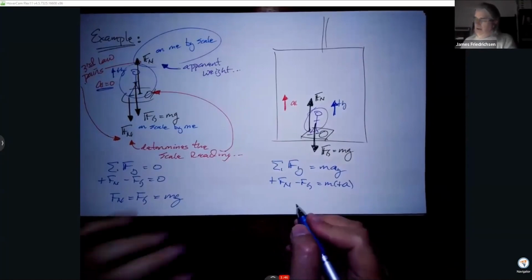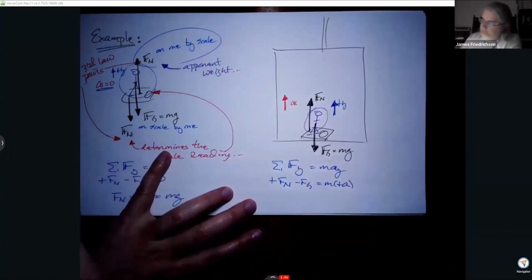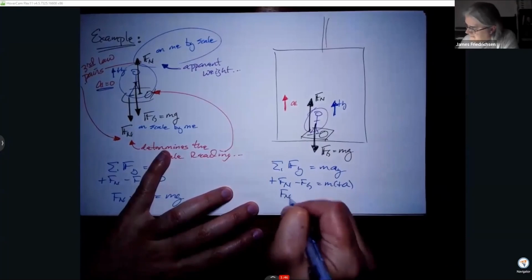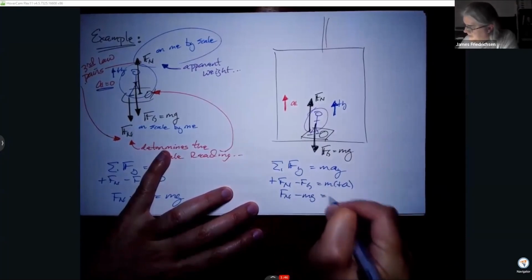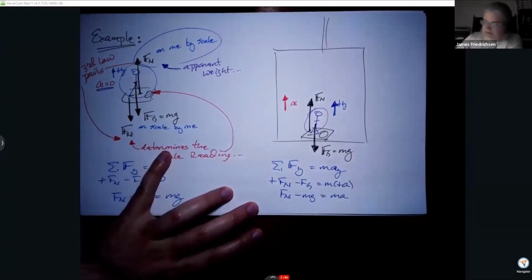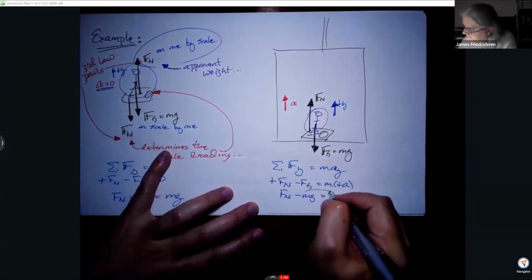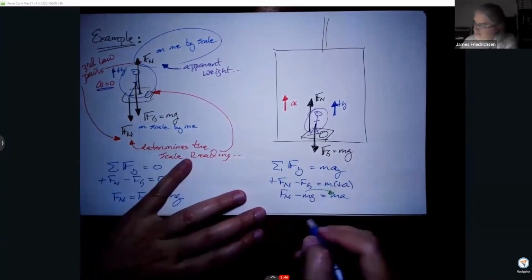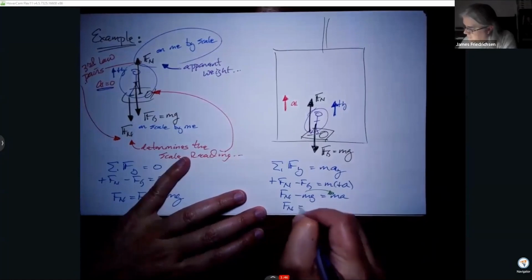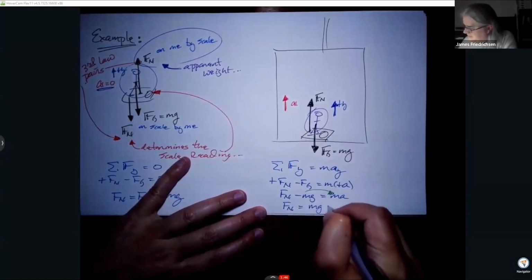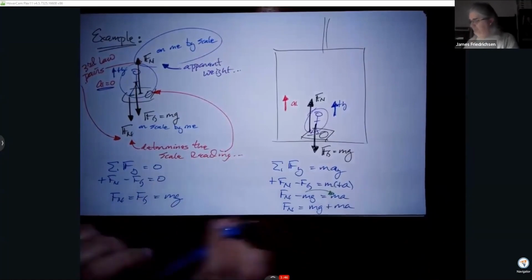If we put in the things that we know, I get the magnitude of the normal minus mg equals m times a. If I move this term to the other side, we can solve for the magnitude of the normal force, which is equal to mg plus ma.